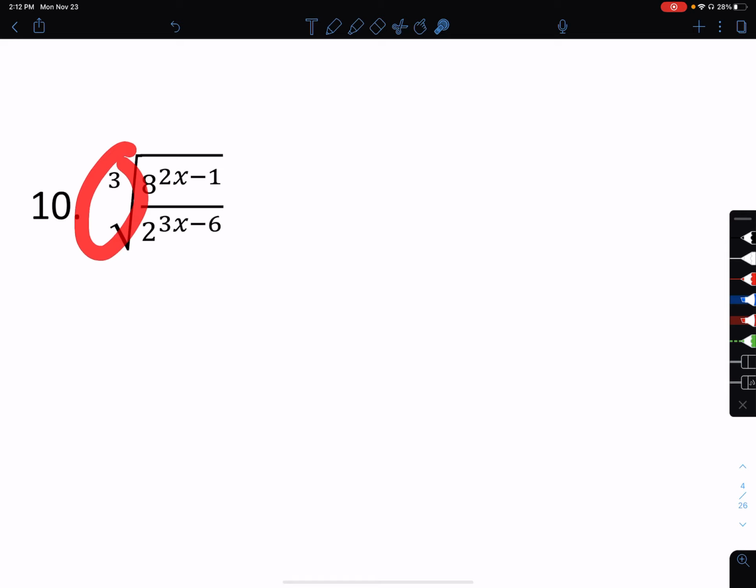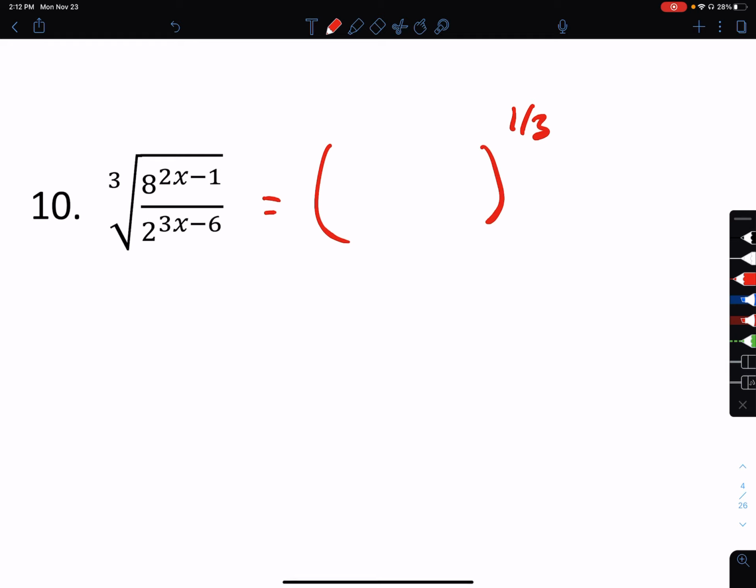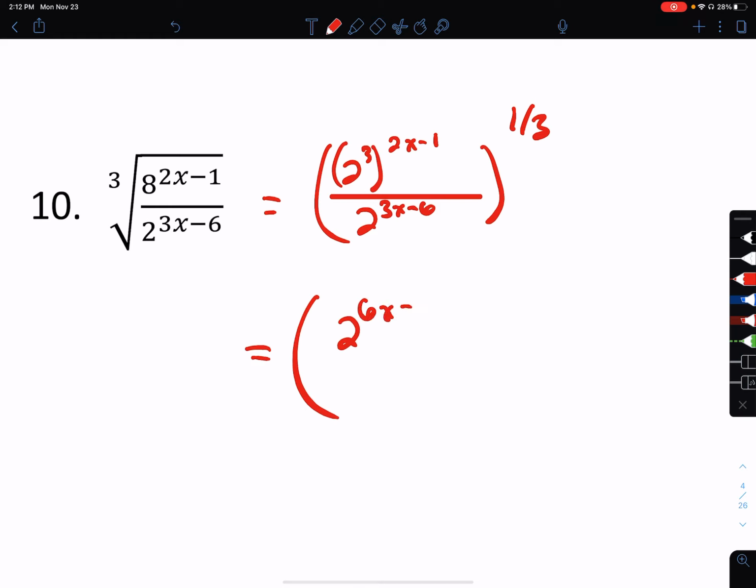This one here, first of all, this cubed root is the same thing as to the 1/3. So I'll do that. This 8, we need to have the same base as a 2. 8 is the same as 2 cubed. And that's already been raised to the 2x minus 1. Power to a power, multiply the exponents. So it's going to be 6x minus 3.